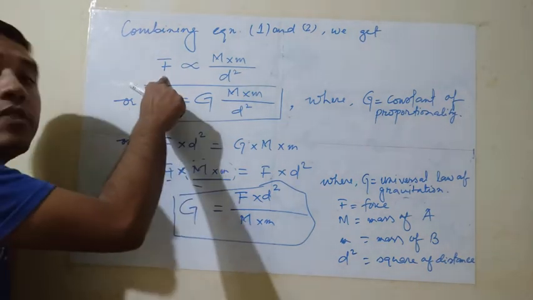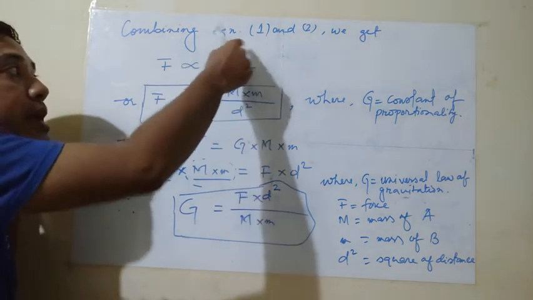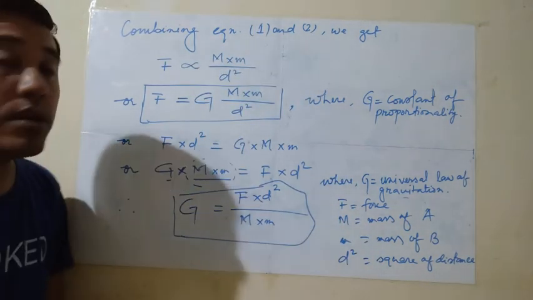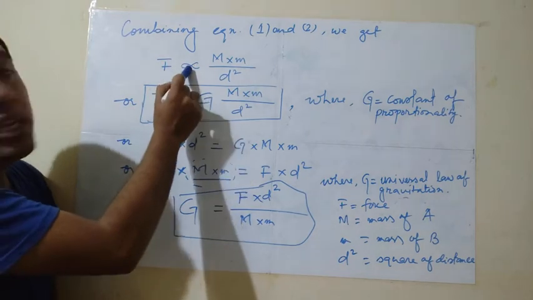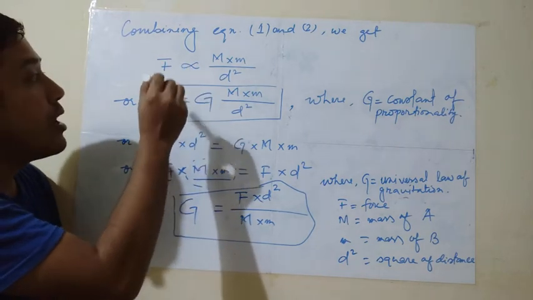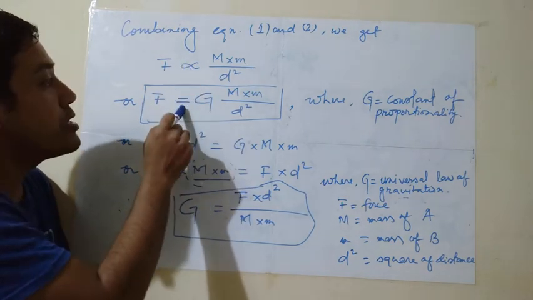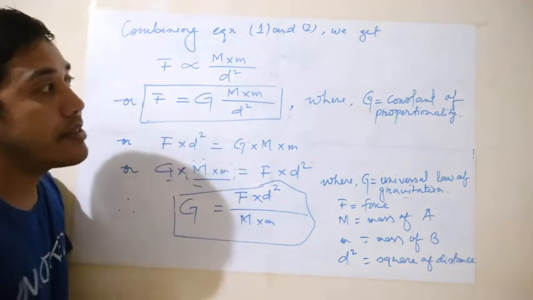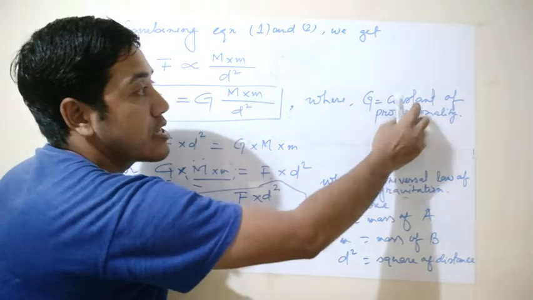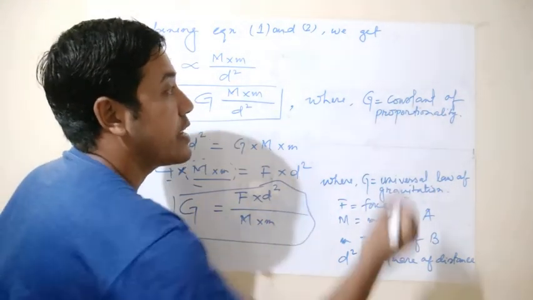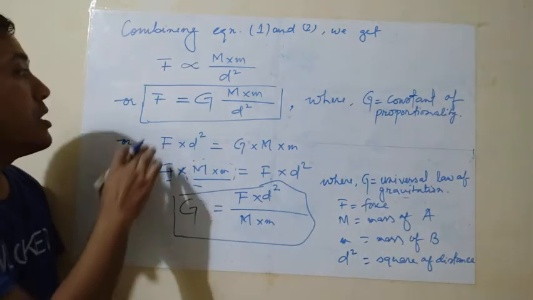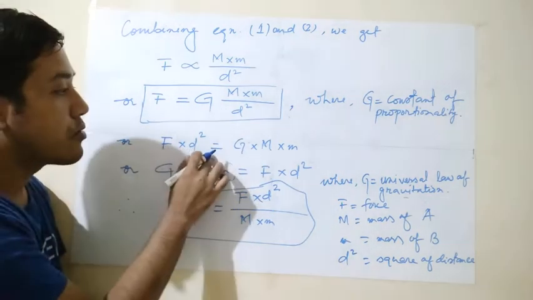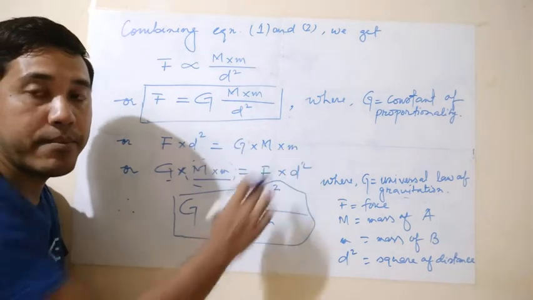Don't forget, F is directly proportional to M into M by d squared, because we combined equation 1 and 2, right? After that, the proportionality should be converted into the equality. Then we need to get one constant that is known as G. And that's why I mentioned here G is known as the constant of proportionality, right? Next, if we cross multiply, then F into d square is equal to G into M into M, right?